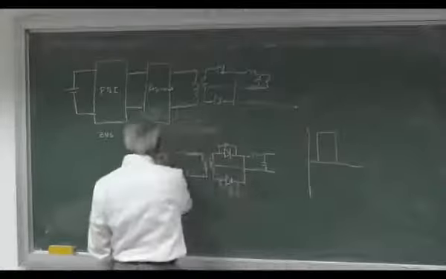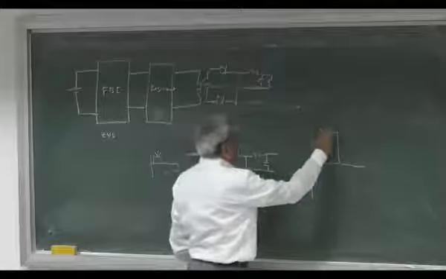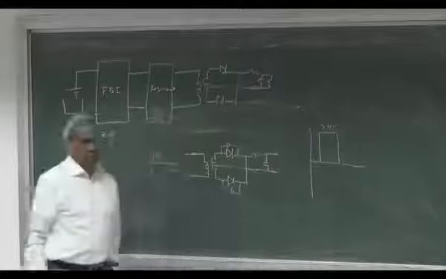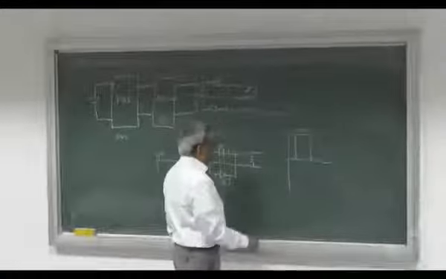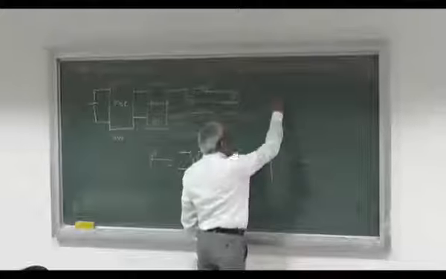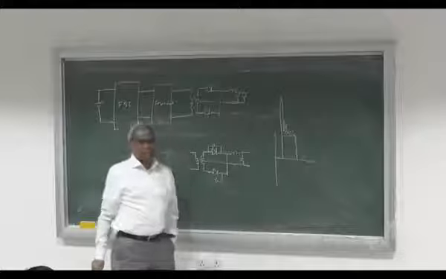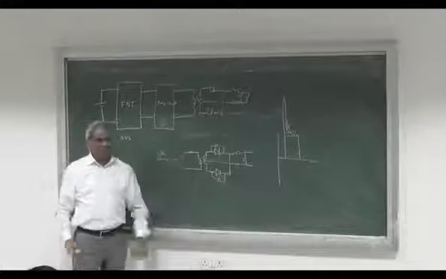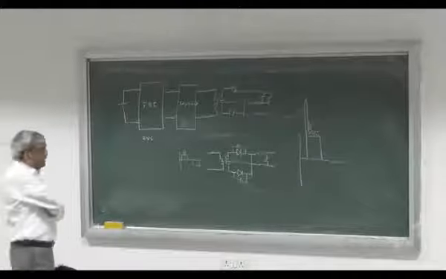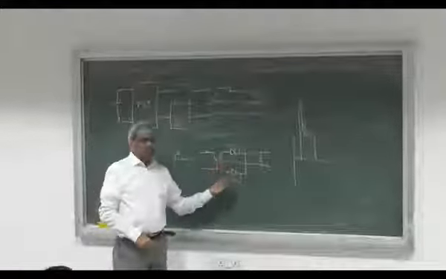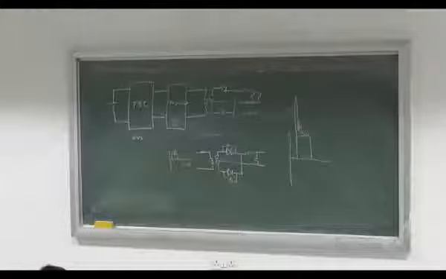Let's say this is Vi, so this should be 2Vi, right, because of this center tap. At this time you see a lot of ringing because of this inductance and this capacitor. Because of that, your diode experiences a lot of voltage stress.